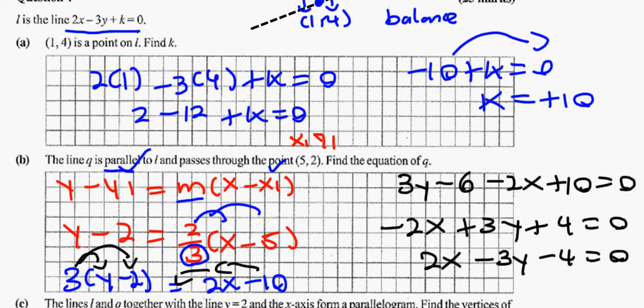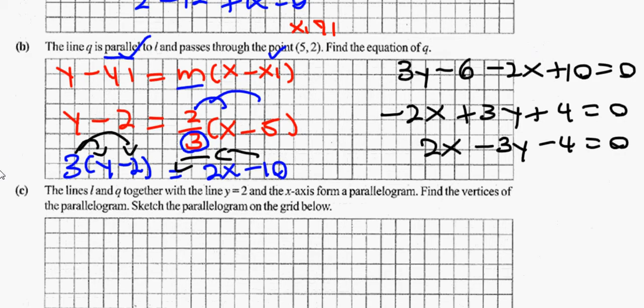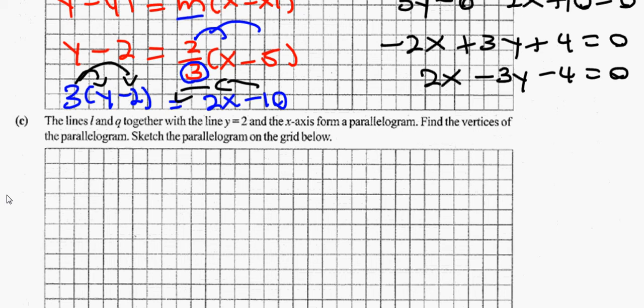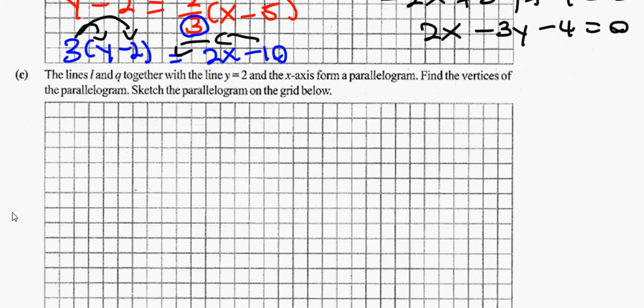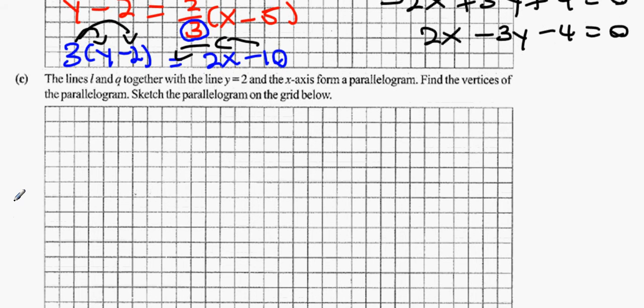The lines L and Q together with the line y equals 4 and the x-axis form a parallelogram. Find the vertices of the parallelogram and sketch the parallelogram on the grid below. Okay, so the lines L and Q together.